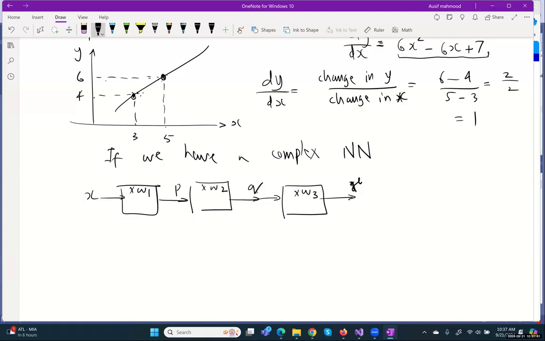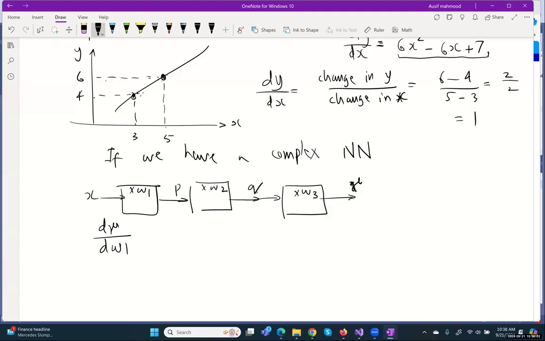The weights over here are W1, the second box is W2, and then W3. And let's pretend that to implement the gradient descent algorithm, our goal was to find dR over dW1.